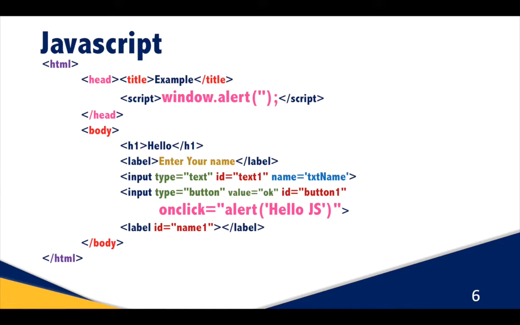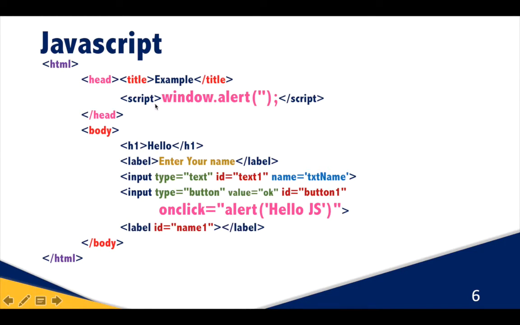I will show you in the real text editor, but first I want to explain a little bit here in the PowerPoint slide so that you can get it two times, like here one time and then in the code another time, okay?